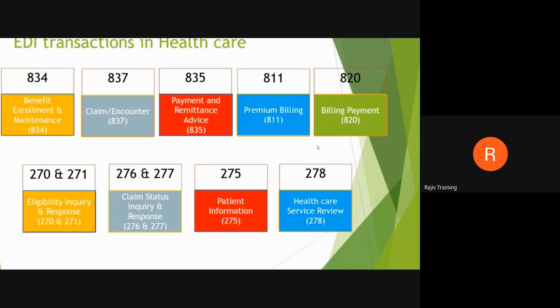These are the 9 or 10 transactions that are used in healthcare. So, for example, when you say 837, this is about claim or encounter. It allows healthcare providers and patients to submit healthcare claim information and encounter information.